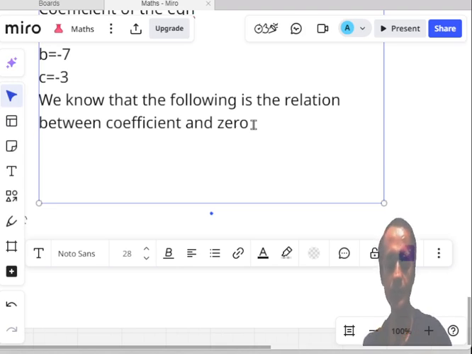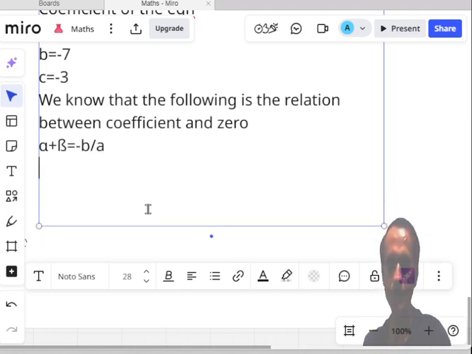What is the relation? The sum of zeros is equal to minus b by a, and the product of zeros is equal to c by a. So this we have to verify.